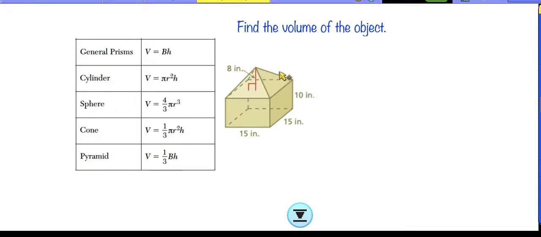So this one, we need to find the volume of this object. As you can see, there are actually 2 pieces here. The top one is, this time, everything connecting to one point, so the top one is a pyramid.